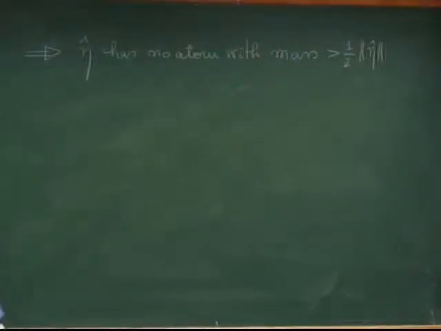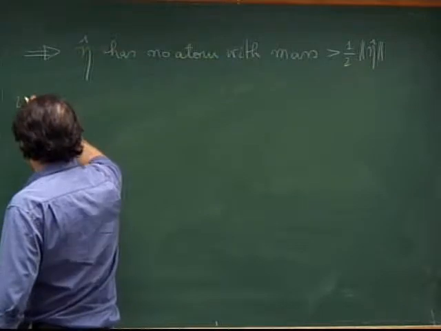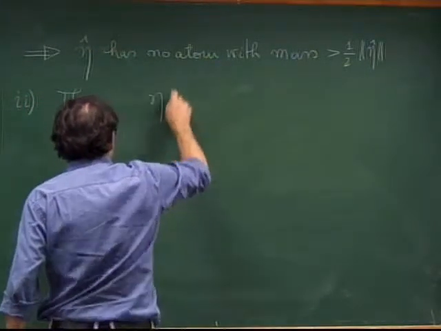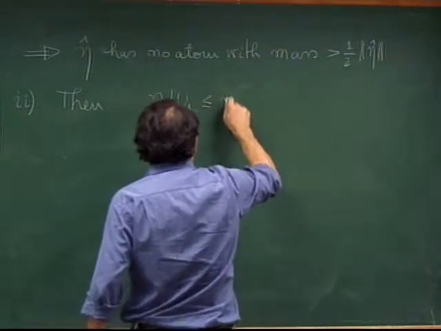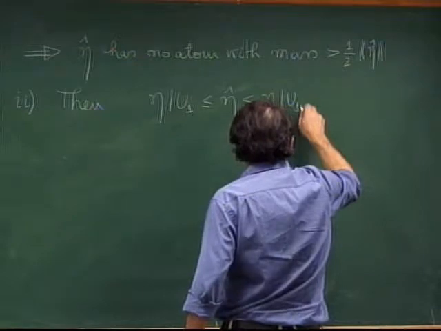On the other hand, this is the first observation. On the other hand, eta restricted to U1 is less or equal than eta hat, which is less or equal than eta restricted to U1 bar.